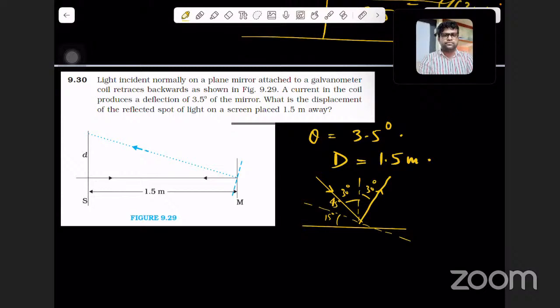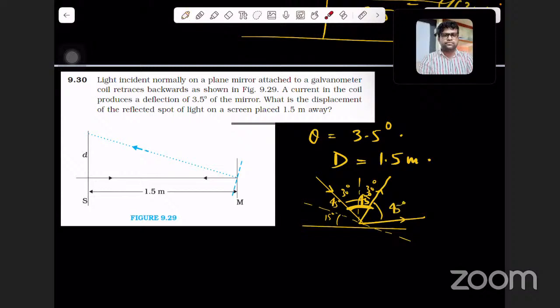If this is 45 degrees, then the reflected ray will also be at 45 degrees.